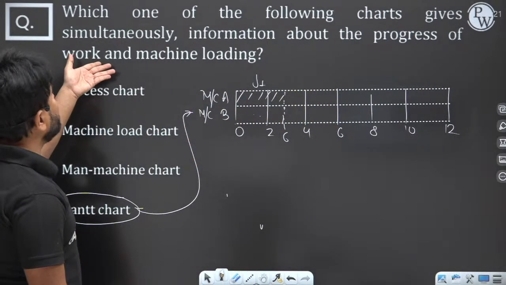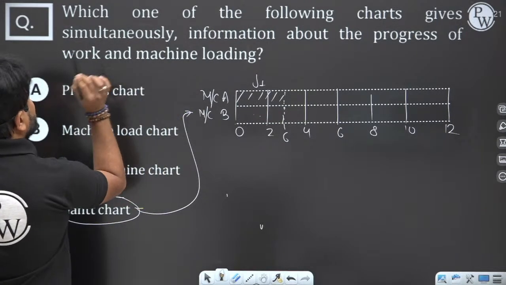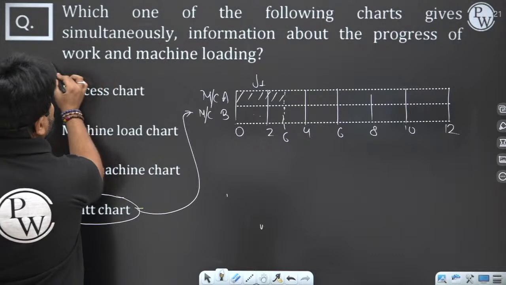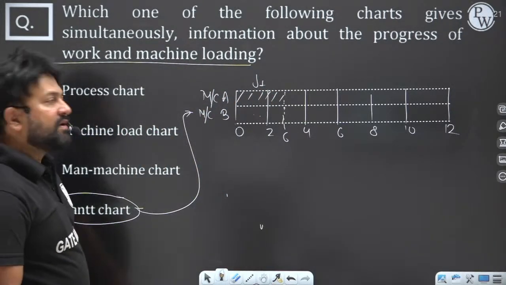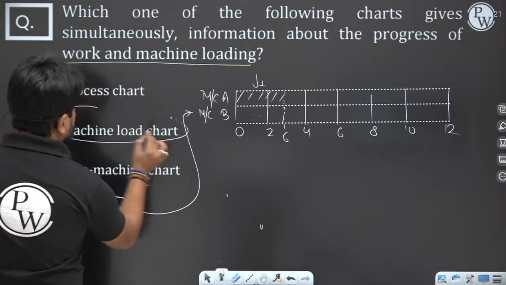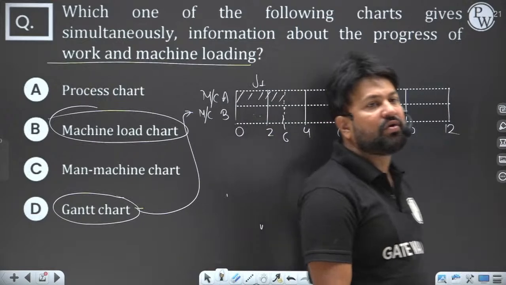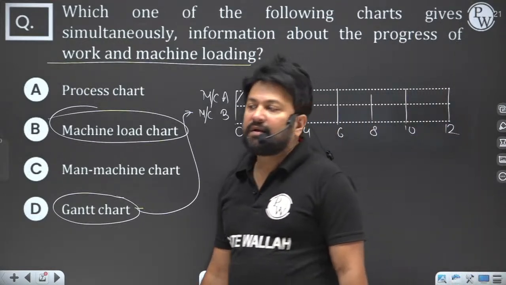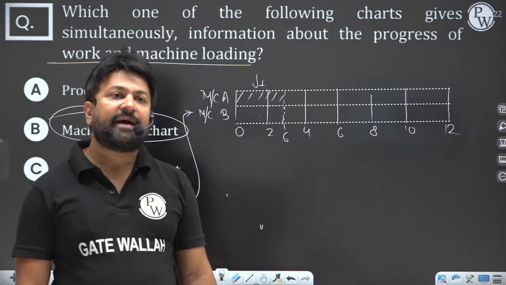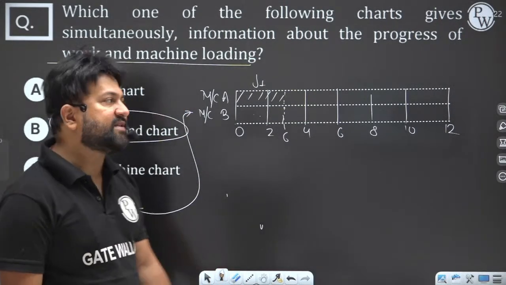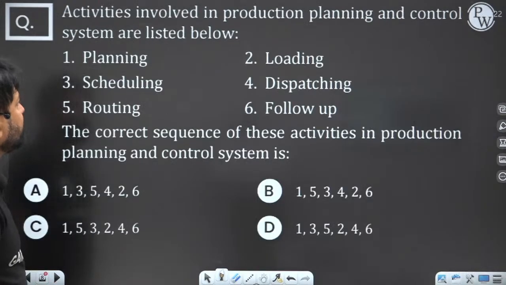He is clearly asking which chart will give the information of work and machine loading. Simple: machine load chart. Am I clear? A machine load chart will give you the information on when you loaded and unloaded.